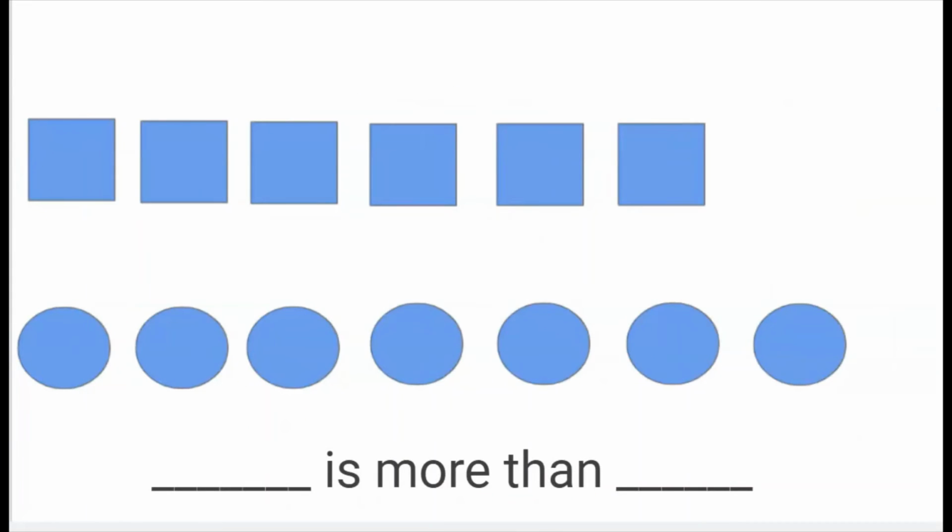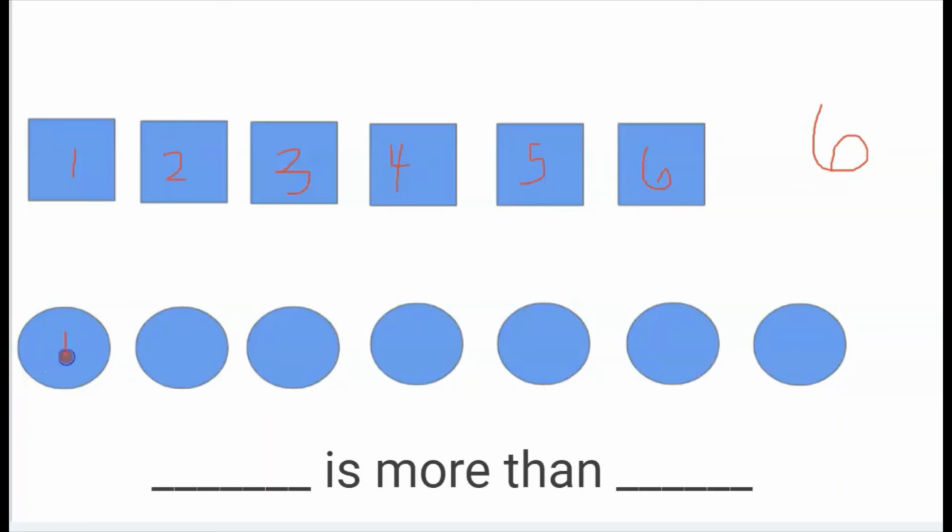Let's try this one. Your teacher's going to pause the video. You're going to count the squares, count the circles, and then decide which one is more. Let's count the squares. 1, 2, 3, 4, 5, 6. So we have 6 squares.